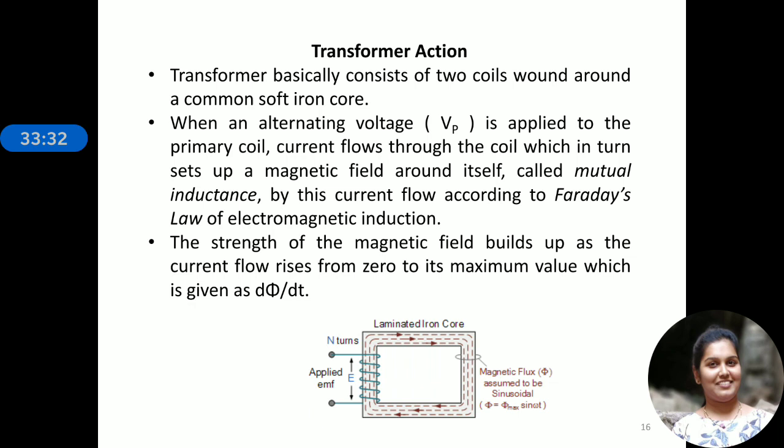So the strength of the magnetic field builds up as the current rises from 0 to the maximum value, and which gives d phi by dt. As the magnetic lines of force set up by this electromagnet expand outward from the coil, the soft iron core forms a path for and concentrates the magnetic field.